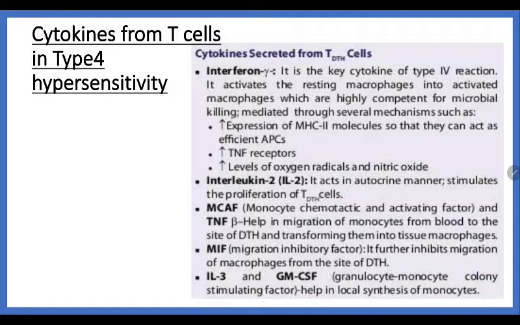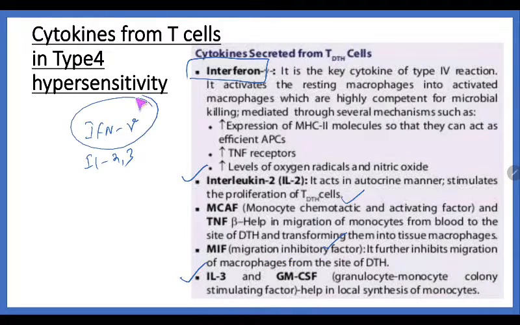Some important cytokines released in this reaction are interferon gamma, interleukin 2, 3, and then monocyte chemotactic and activation factor, and migration inhibitory factor. But to be remembered, always interferon gamma.